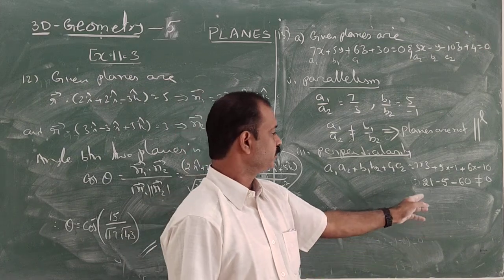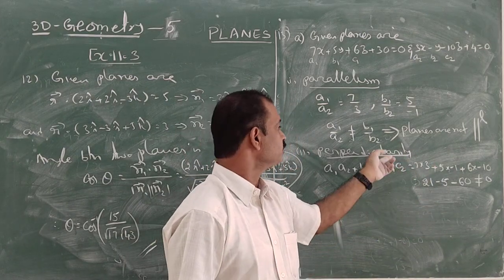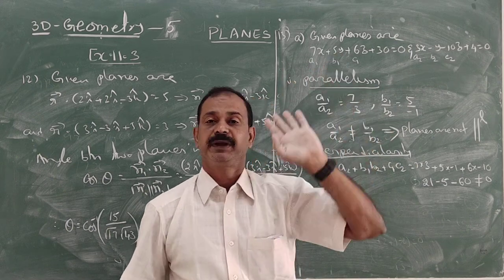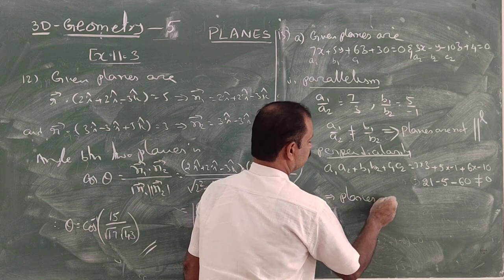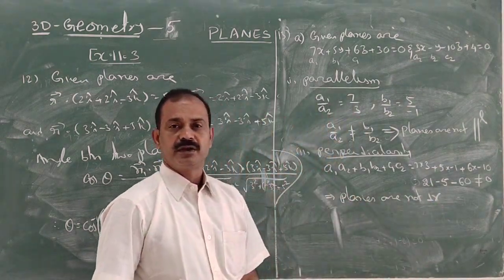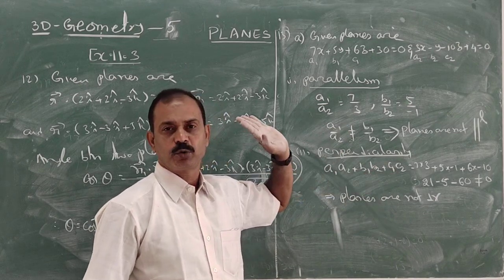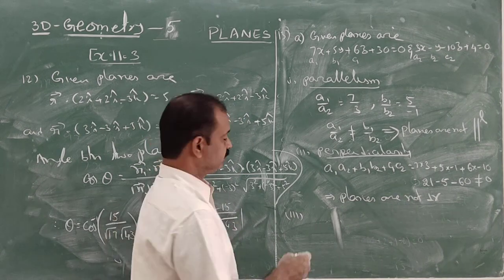Am I right? 21 minus 65, which is not equal to 0. Therefore, these two planes are not perpendicular. If they are perpendicular, we will stop here only. Since they are not perpendicular, then we are going for the angle.